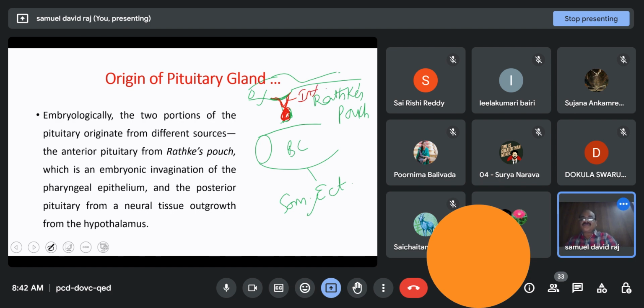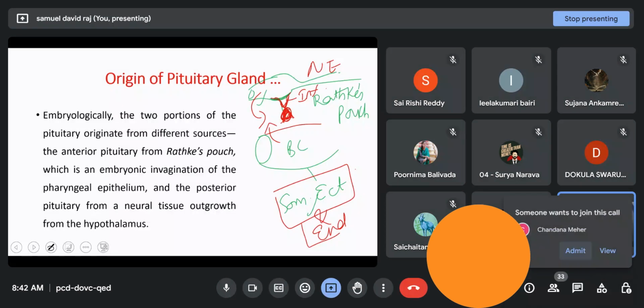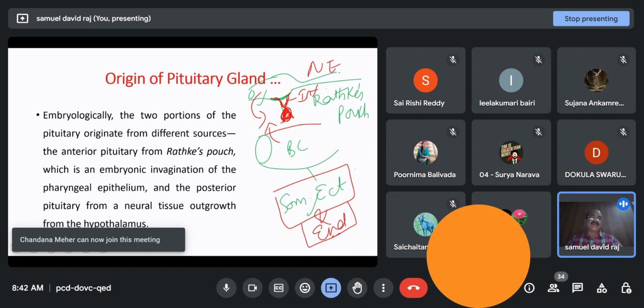Thus, the pituitary gland originates from two sources, one from the brain, that is neuroectoderm, the other from the roof of the buccal cavity, somatic ectoderm, as well as endoderm, from which the alimentary canal is said to be derived.